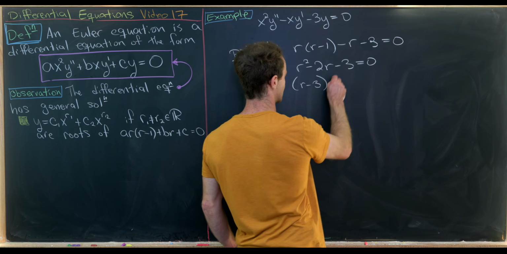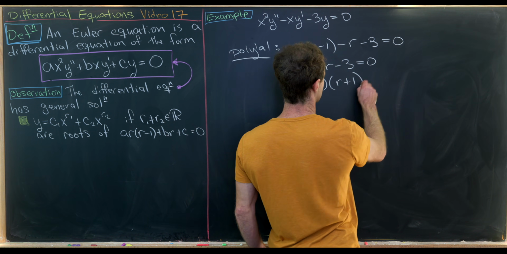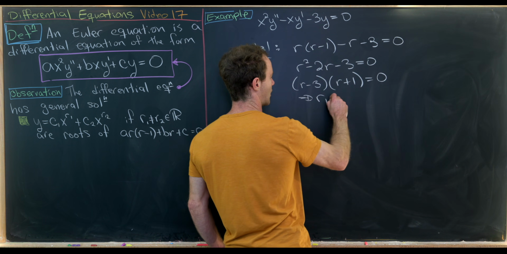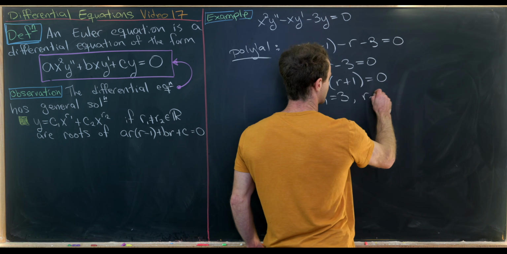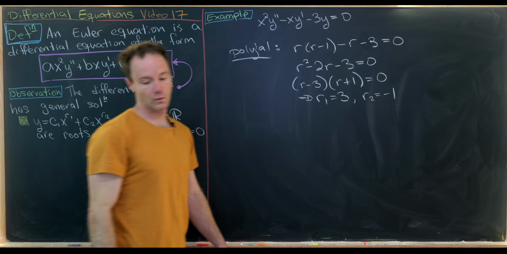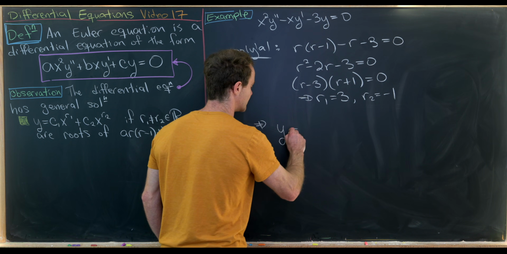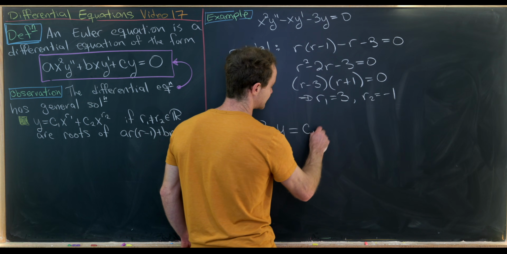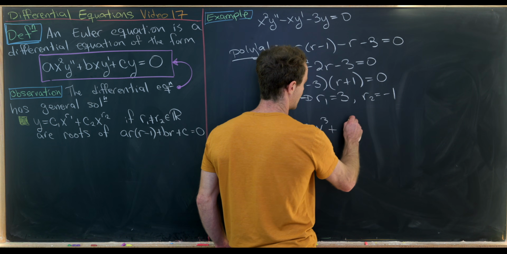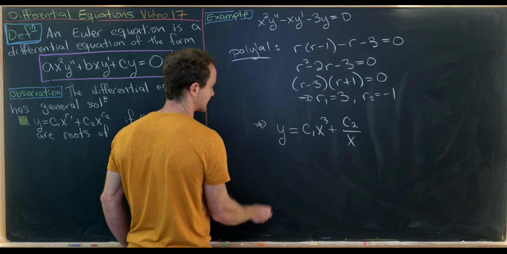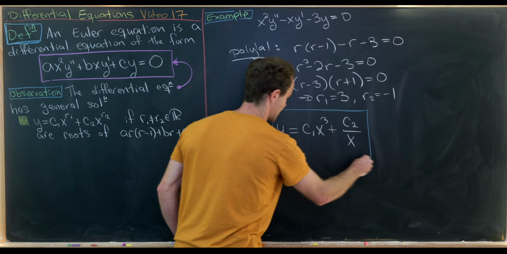This thing factors as (r minus 3) times (r plus 1) equals 0. So that means we could take our root r1 to be 3 and our root r2 to be negative 1. So putting this all together, we have the following general solution. c1 x cubed plus c2 over x. Really c2 times x to the minus 1. So we have something like that.